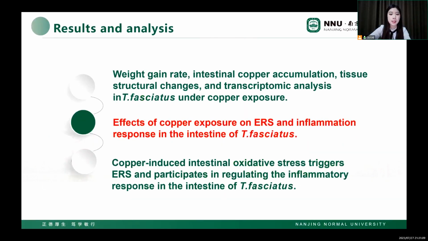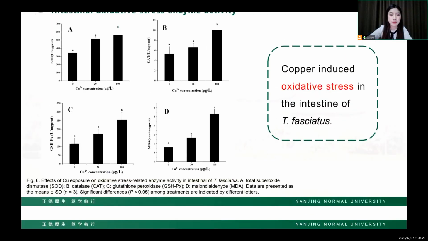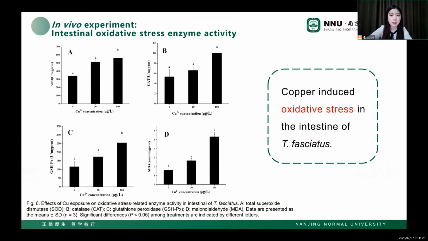And the second aspect of the results is the effects of copper exposure on ERS and the inflammation response in the intestine of T. fasciatus. Through the in vivo experiments, we investigated the intestinal oxidative stress enzyme activity.